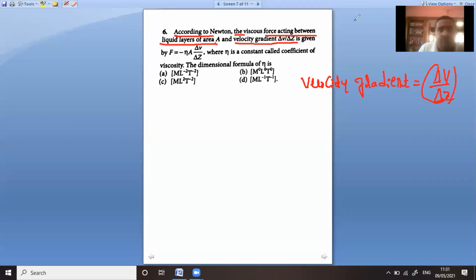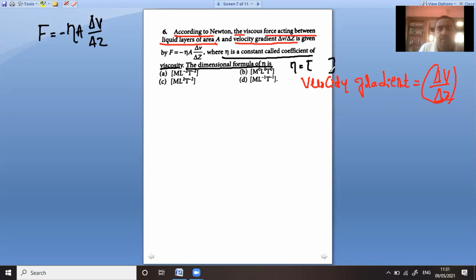So now the force F is given. F is equal to minus eta A delta V divided by delta Z, where eta is the coefficient of viscosity. You have to find the dimensional formula for eta.